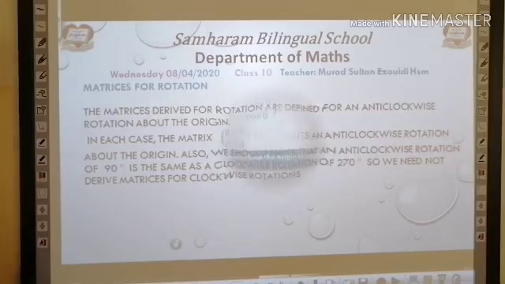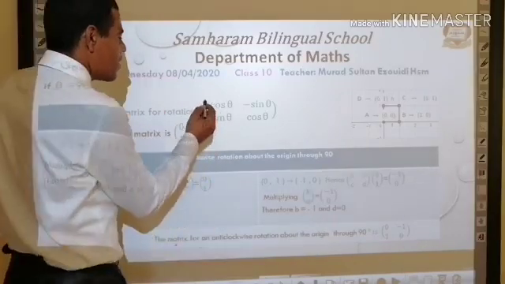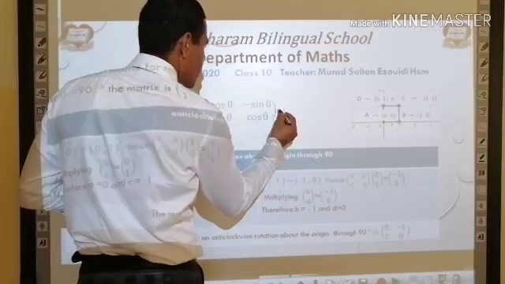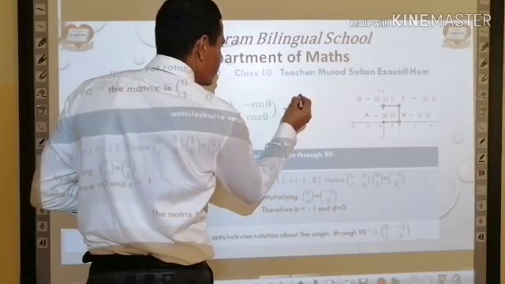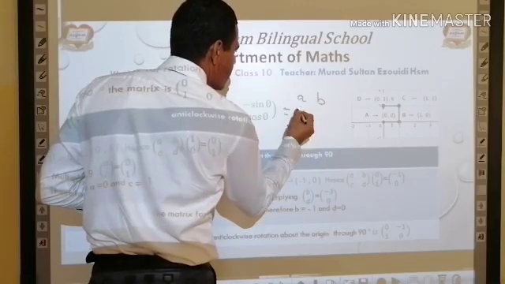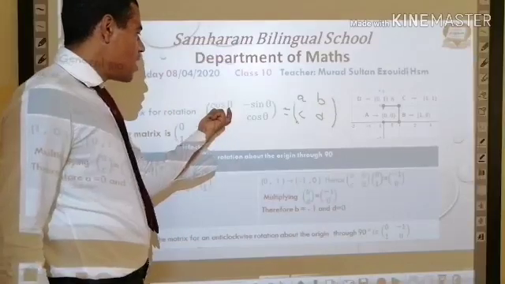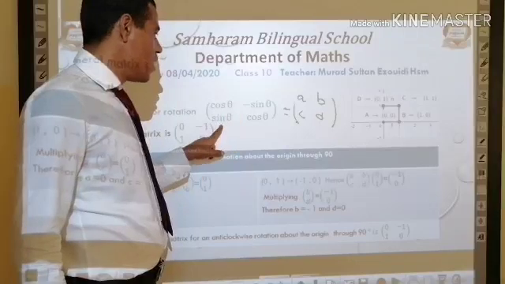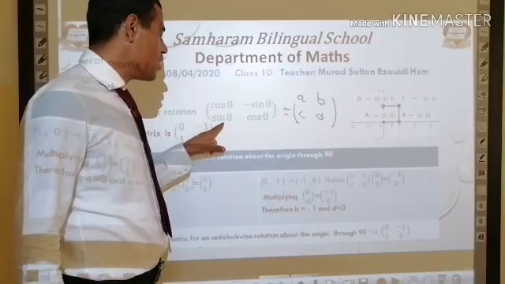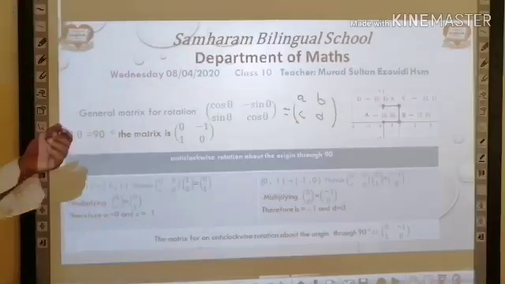In general, the matrix of rotation can be written as A, B, C, D, where A equals cosine theta, B equals negative sine theta, C equals sine theta, and D equals cosine theta, whatever the angle theta.